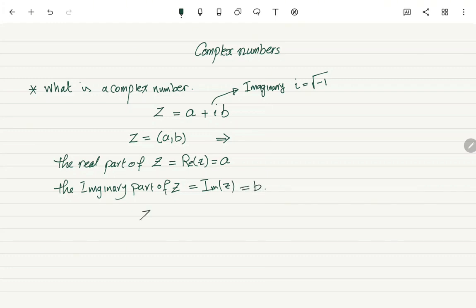So z equal to a plus ib. This is the real part and this is the imaginary part. Note that a plus ib is not equal to b plus ia.